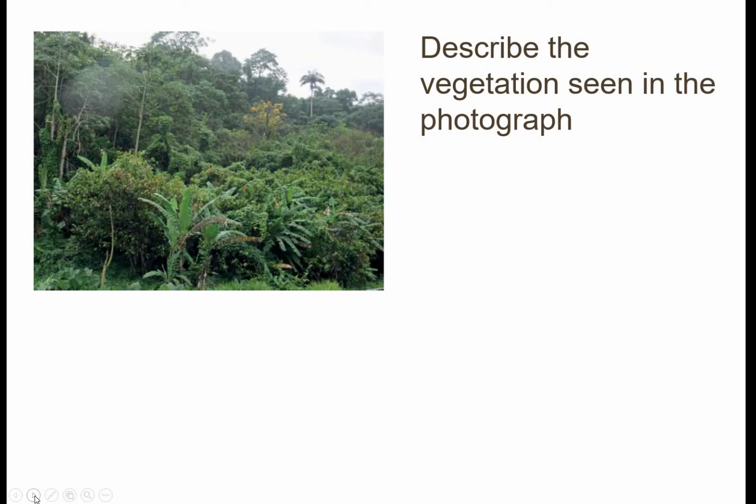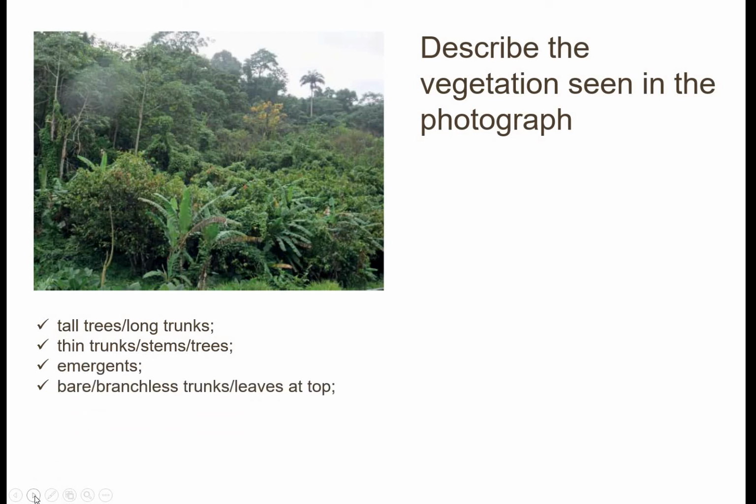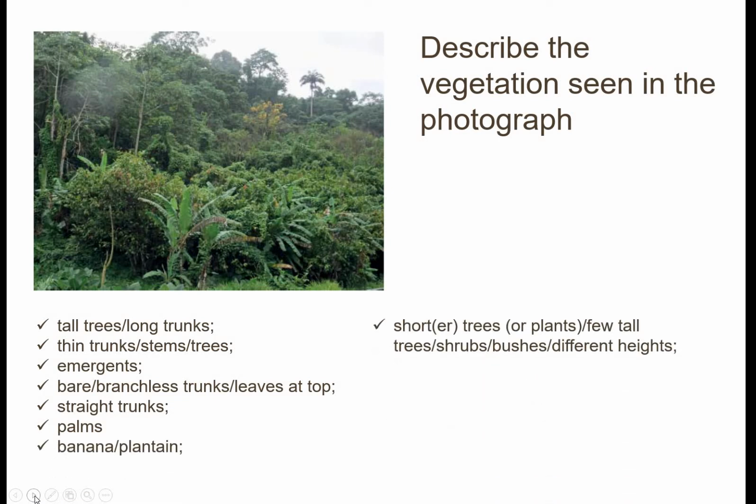We already know where in the world this is, so we can talk about tall trees, long trunks, thin trunks, emergents. So we can see at the top straight trunks, palms. We can see right at the foreground, in fact, there's a banana plantain right in the foreground there. There are shorter trees, so we can already see the canopy layers, can't we?